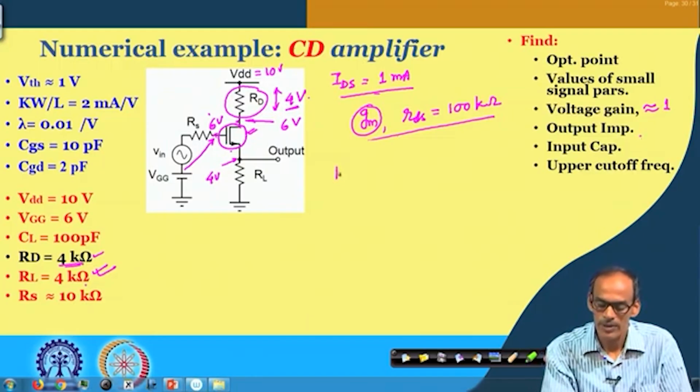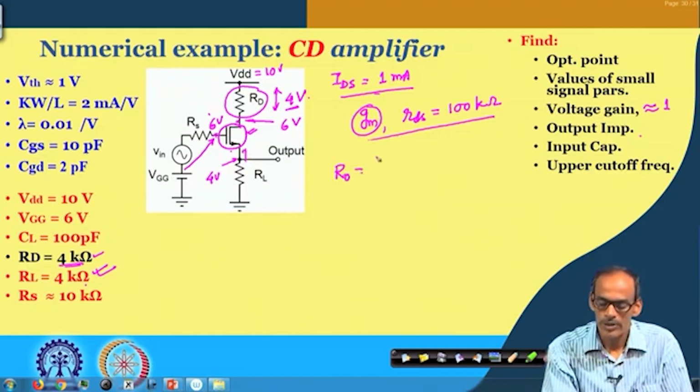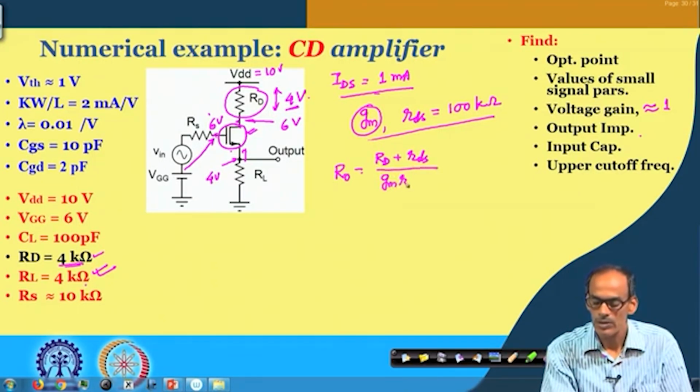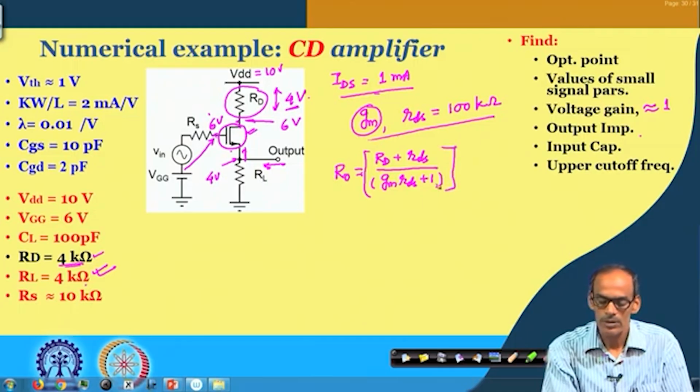In fact, if you look into this circuit, the Rout will be (RD plus RDS) divided by (gm into RDS plus 1). So, that you can calculate. That is the resistance here, and the total resistance looking into the circuit will be this part coming in parallel with RL.